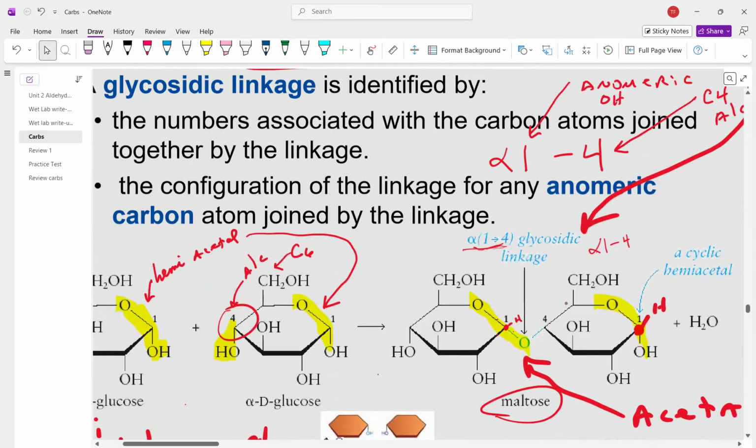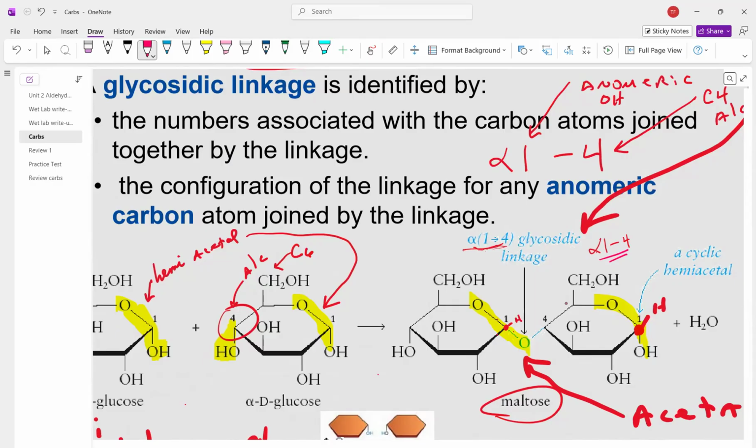That is an alpha linkage because you started off with an alpha glucose. So it's going to be an alpha. And I don't draw it like this. I like to do it like this because it's obvious that carbon number 1 can be up or down. Carbon number 4 has to be down. No exceptions, because if it's up, it's not glucose.